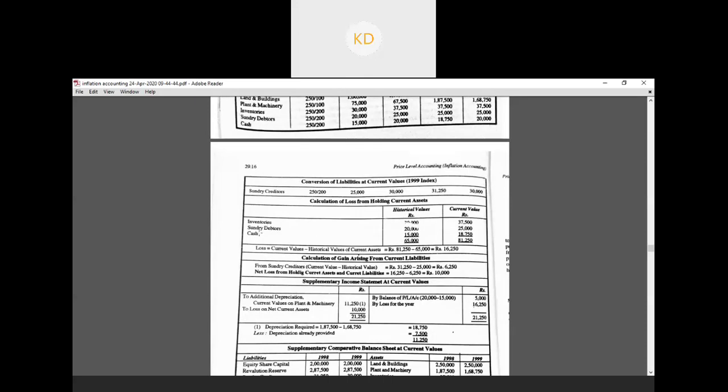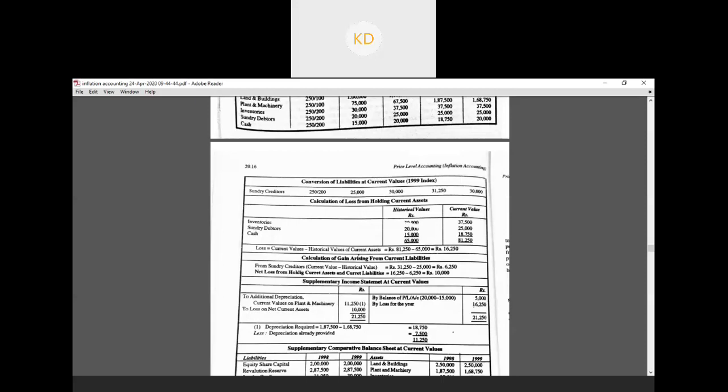Inventories, debtors, cash: historical values, converted values. Total historical value is 65,000. Total converted value is 81,250. Now remember, unlike the CPP method, where we also used to do the additions, additions were converted at average value and opening balance was converted at opening value.